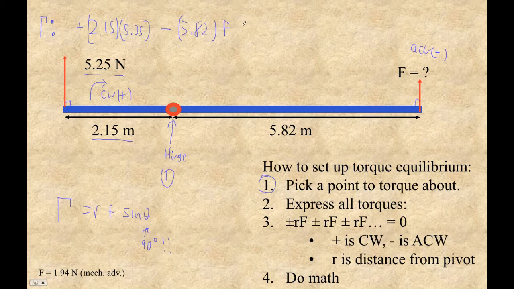That adds up to 0. So this clockwise torque minus the anti-clockwise torque adds to 0. And now we can do math. So 2.15 times 5.25 divided by 5.82 is 1.939.